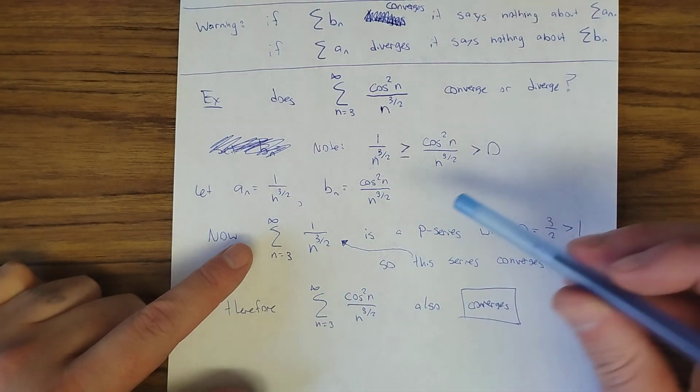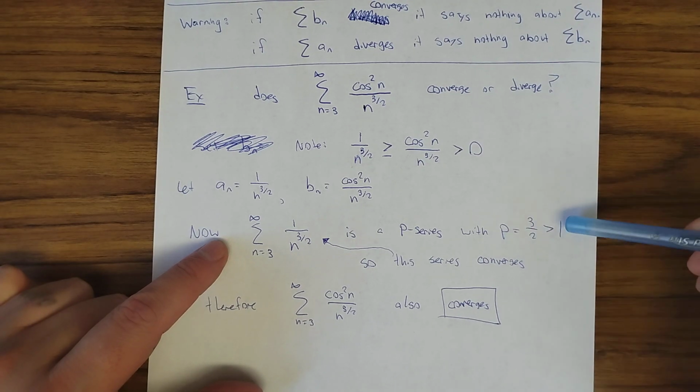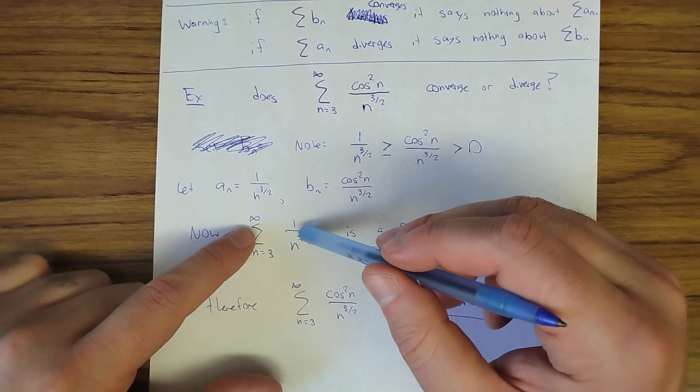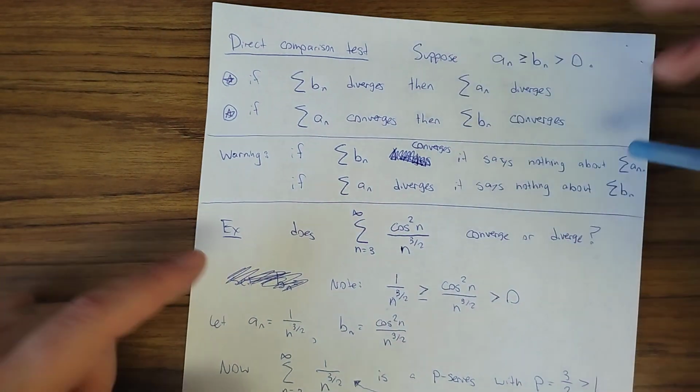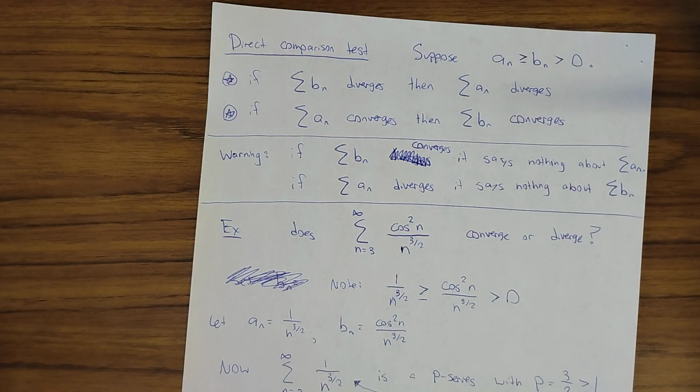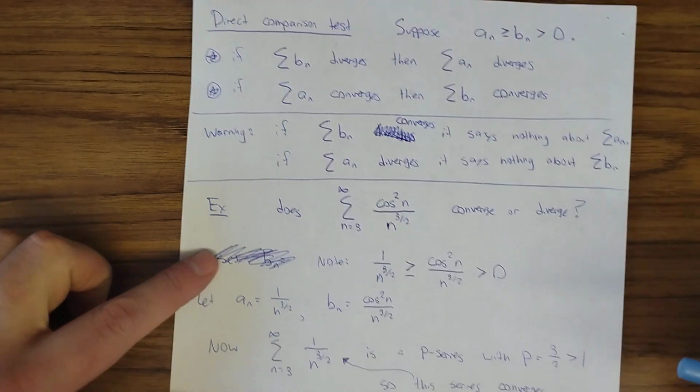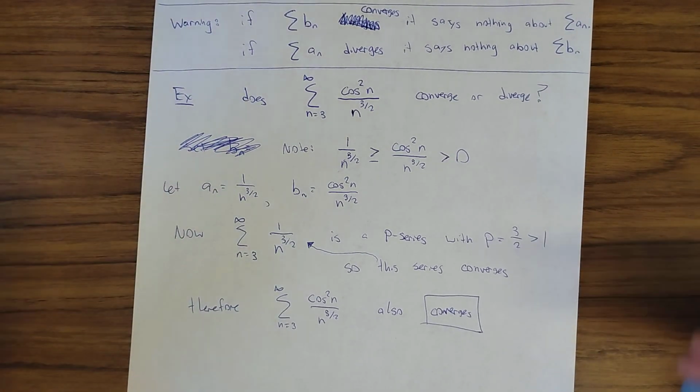If we happened to get a p-series where p was less than or equal to 1, then we would say, oh, that means this diverges, and then we would look up here and say, well, that tells me nothing about the original series. So I use the direct comparison test if something jumps out at me or as a last resort.